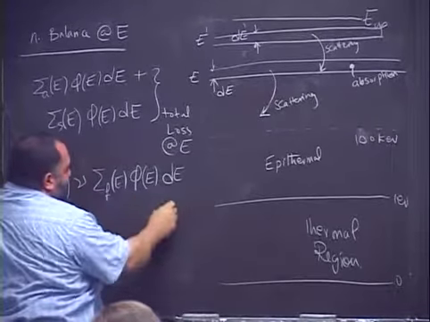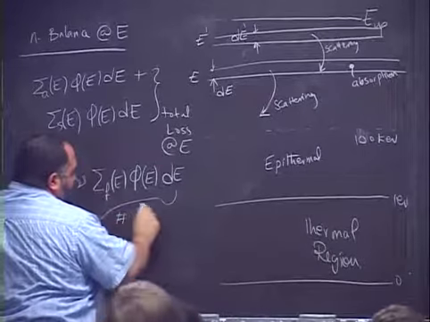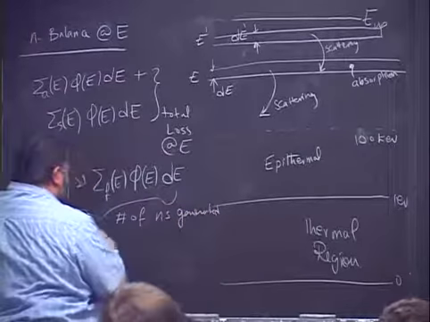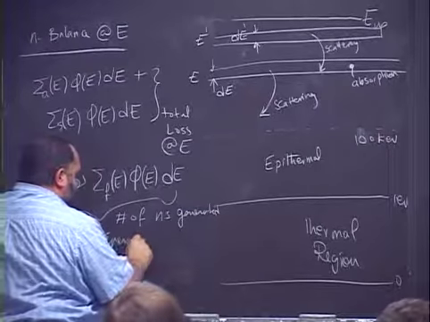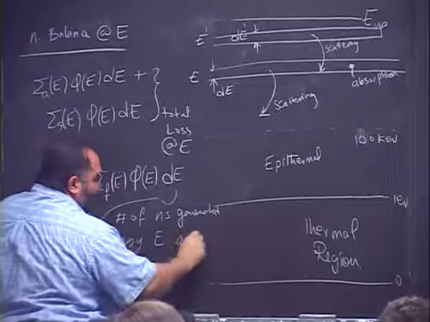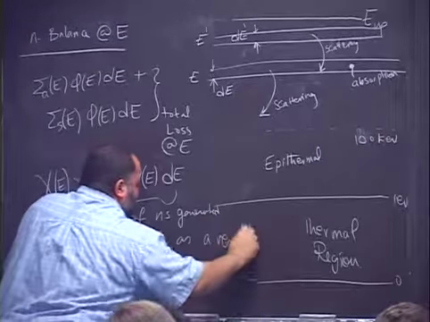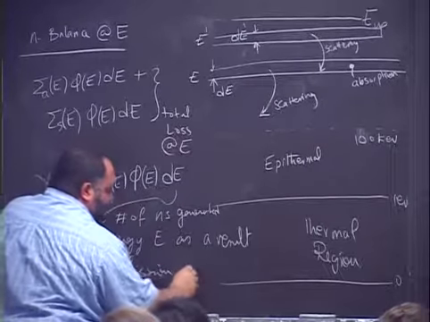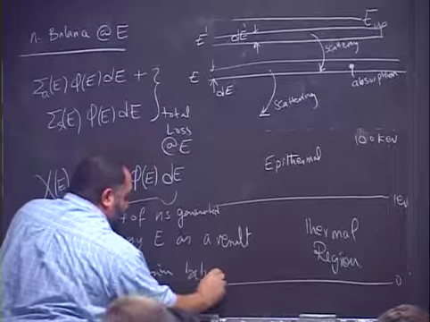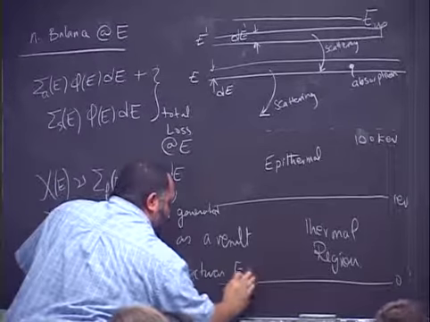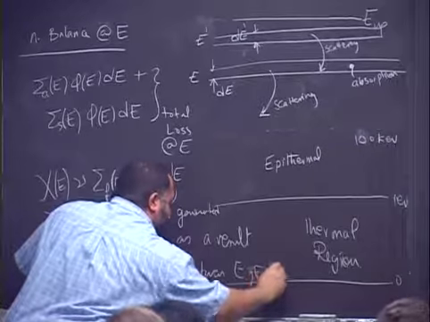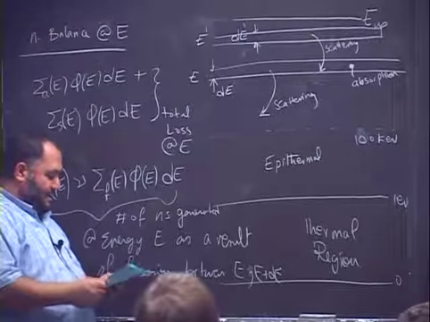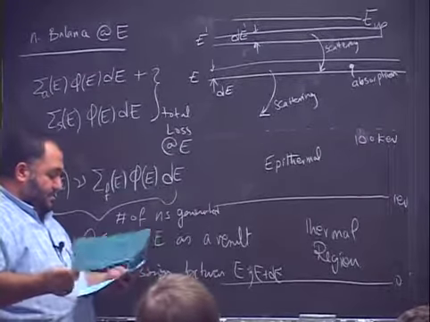This will give me number of neutrons generated at energy E as a result of fissions between E and E plus delta E. Everybody agree? Everybody agree? Okay.